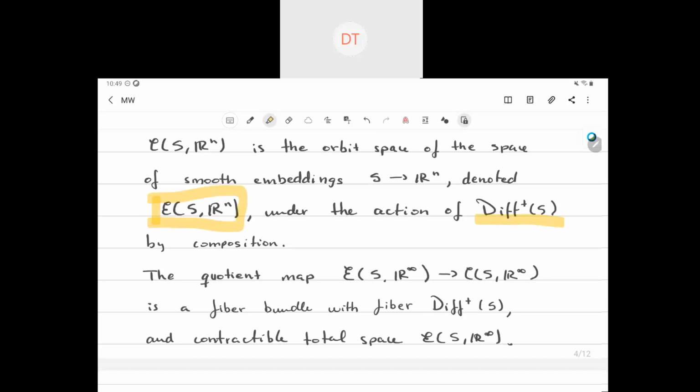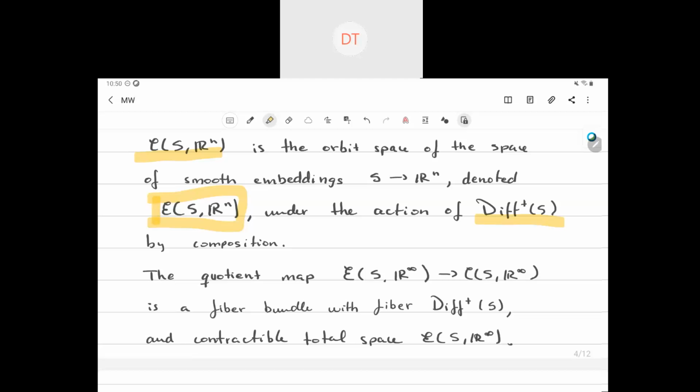And why is this true? Well, like I said, configurations of S in R^n. Well, basically, what that is, the ways that I can embed in a smooth way, I can embed S into R^n, right? But I have to mod out under this diffeomorphism group. And I'm not sure if I'm being clear here.